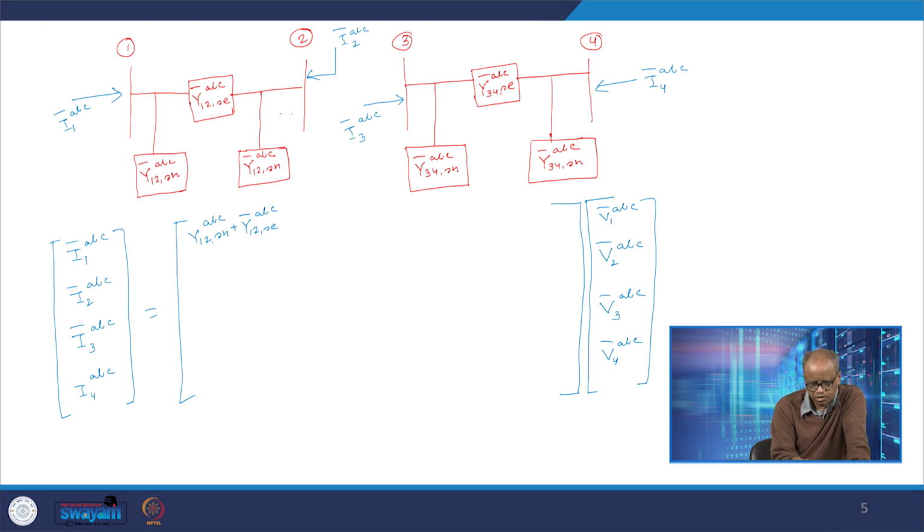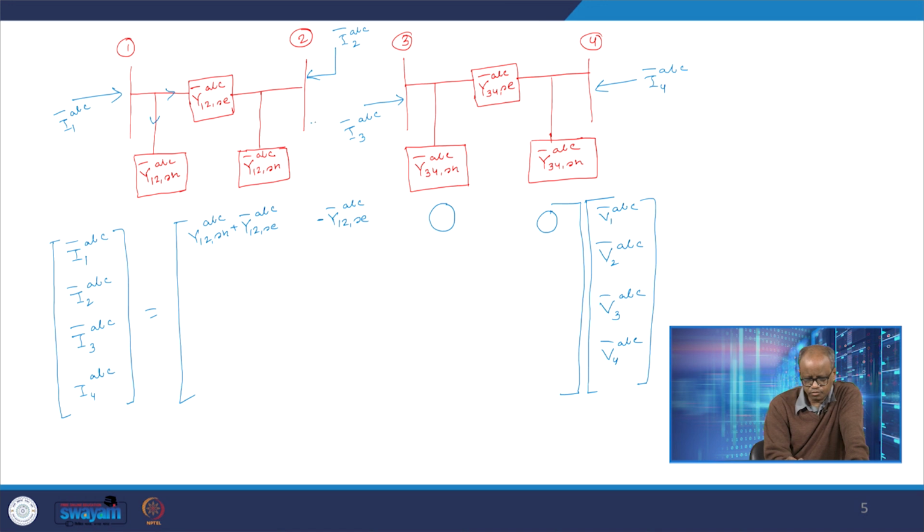Then between bus 1 and 2 it would be minus Y1 to series ABC, because there is no connection between bus 1 and 3, and in fact I1 ABC would be only due to these two currents. So these entries would be all 0.